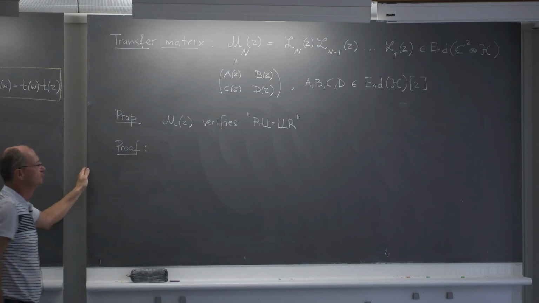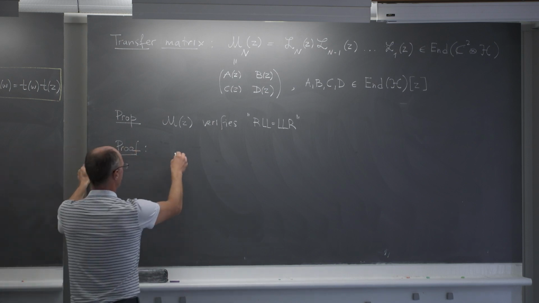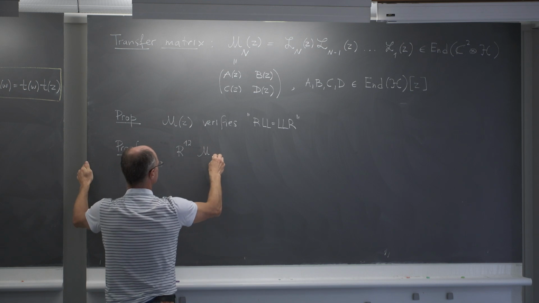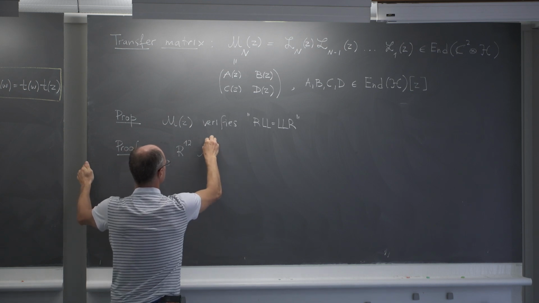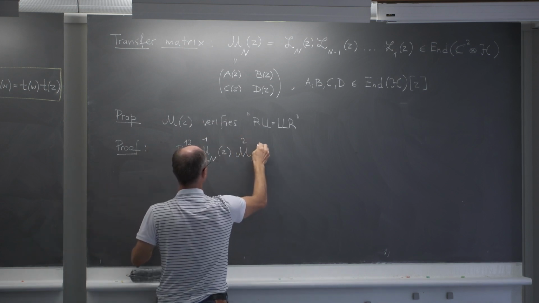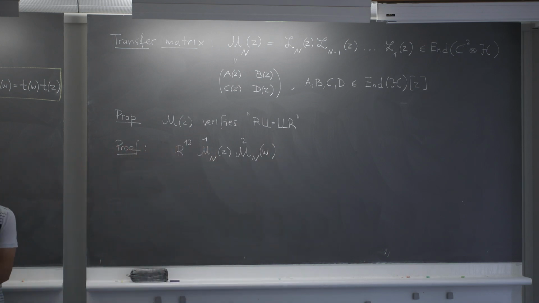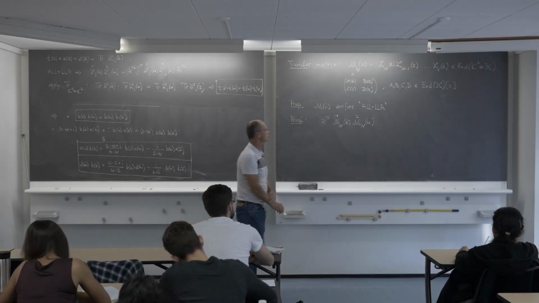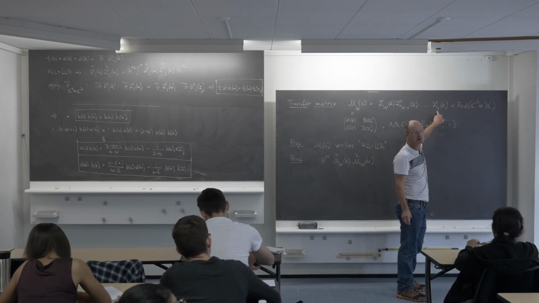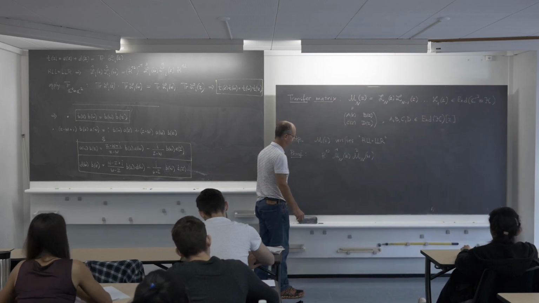Again, the proof is very easy, but it's an extraordinary fact. We want to compute this quantity. The proof will be by induction. The base of induction we already proved. If n is equal to 1, then L1 satisfies RLL equal to LLR. Now let's make the induction step.